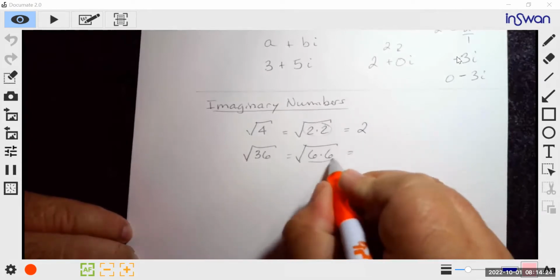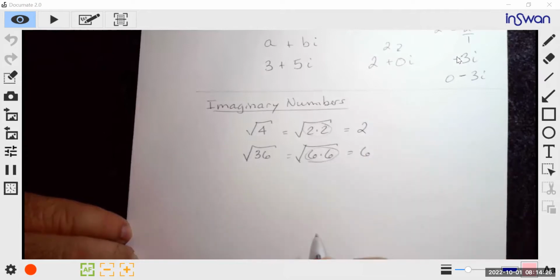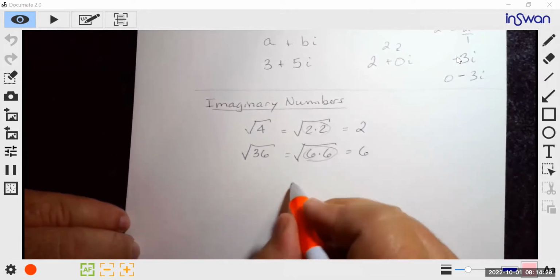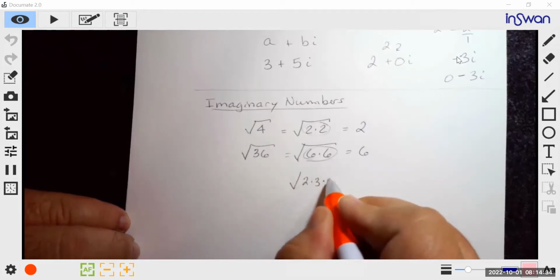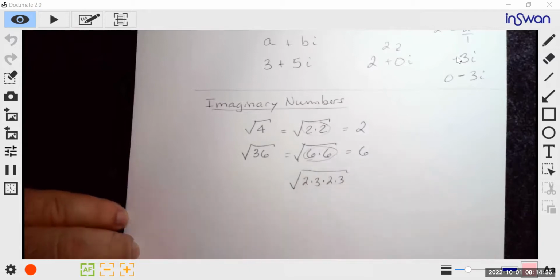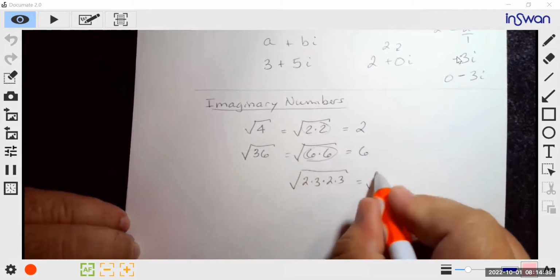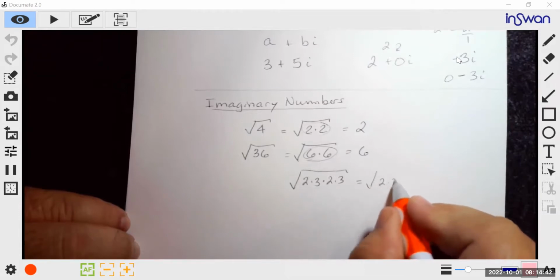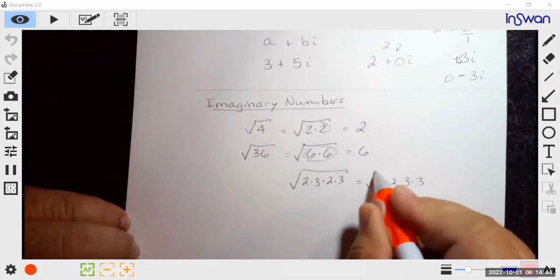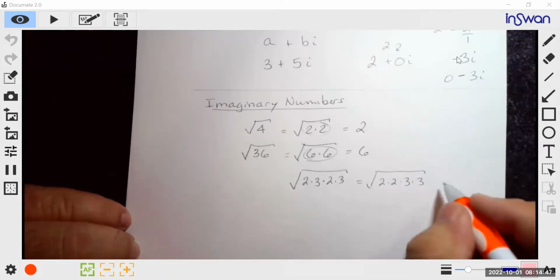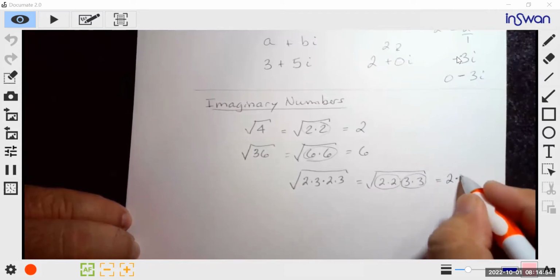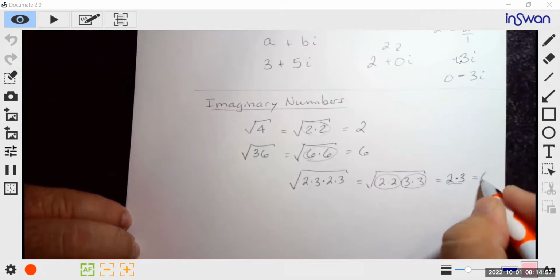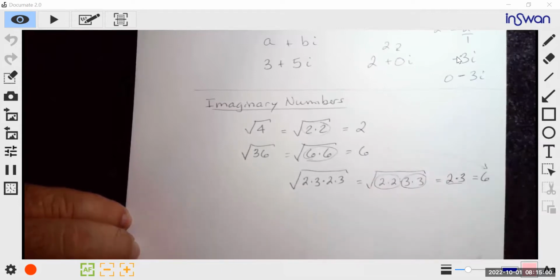So since we have a pair of 6s, they come out. Or we can go one step further. 6 is written as 2 times 3 and 2 times 3. So we can pair up the numbers: 2 times 2, 3 times 3. Since 2 occurs twice, I can take it out. Since 3 occurs twice, I can take it out. So 2 times 3 equals 6. So you see it's the same answer.